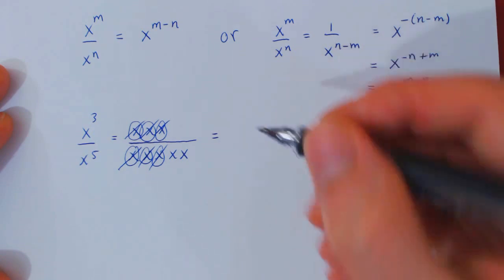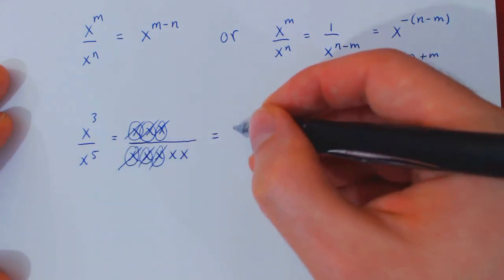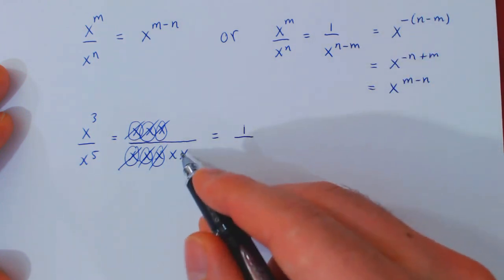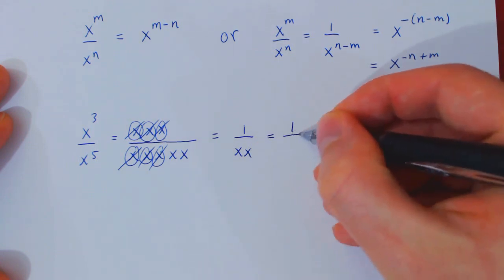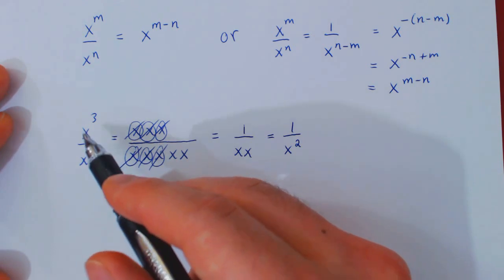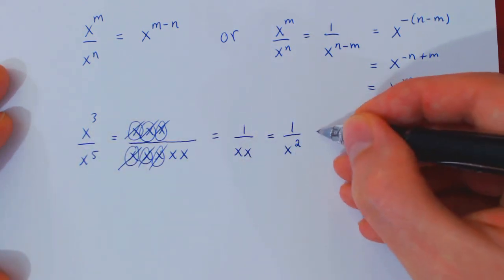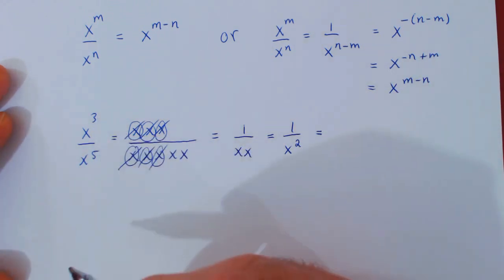And what are we left with? Well, naturally, on the numerator we've canceled everything. We are left therefore with a 1 over, on the bottom, x times x, which of course can be rewritten more nicely as simply x squared. So we have that x cubed over x to the 5 is 1 over x squared. And again we ask, well, how do we obtain 2 from 5 and 3?